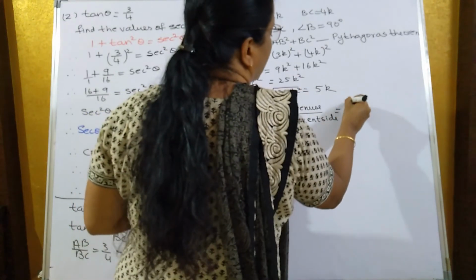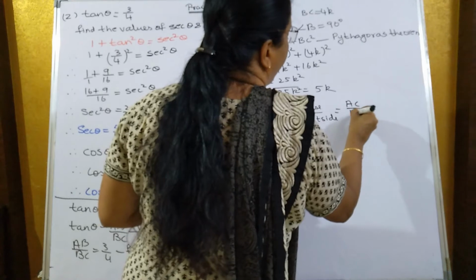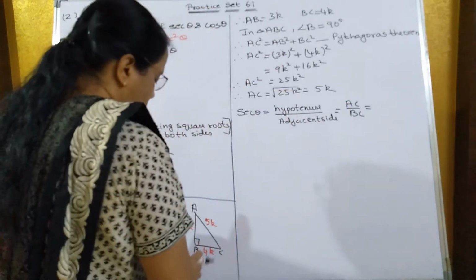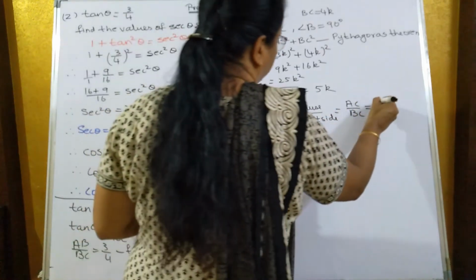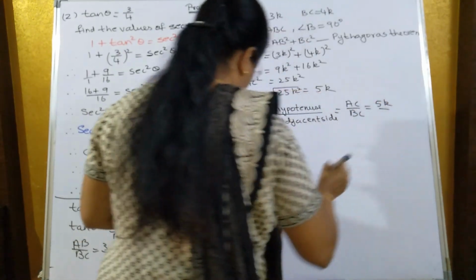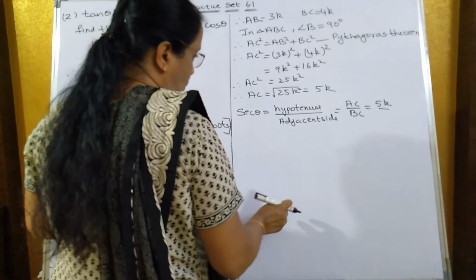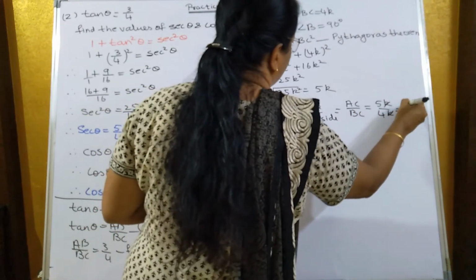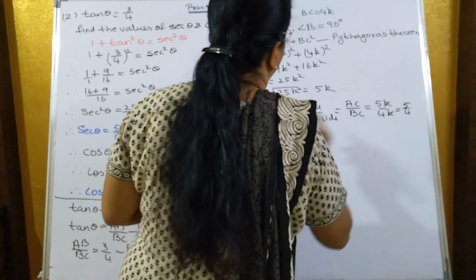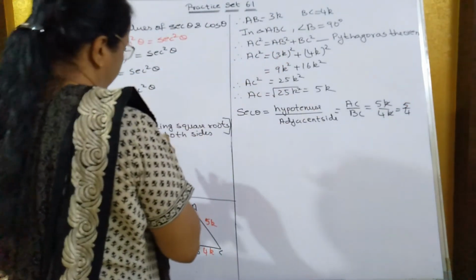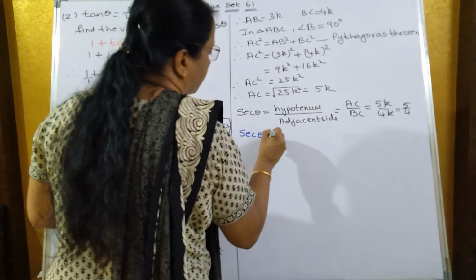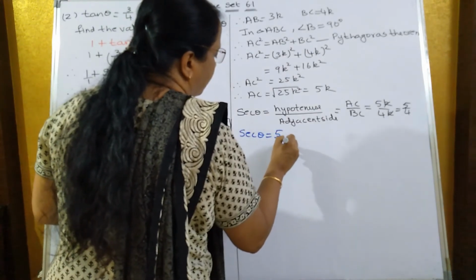AC upon BC. So that is equal to how much? AC is how much? 5K. And BC is how much? 4K. K and K will get cancelled, so that's equal to 5 upon 4. So sec theta is equal to 5 upon 4.